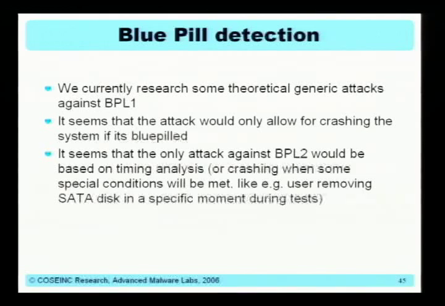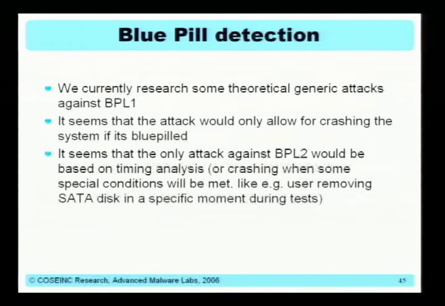We also researched, together with Alex Tereshkin, some theoretical ways to detect BluePill level 1 which are not based on timing analysis. And it seems that the only way would be a very smart brute force attack, which would allow for crashing the system when it is BluePilled.